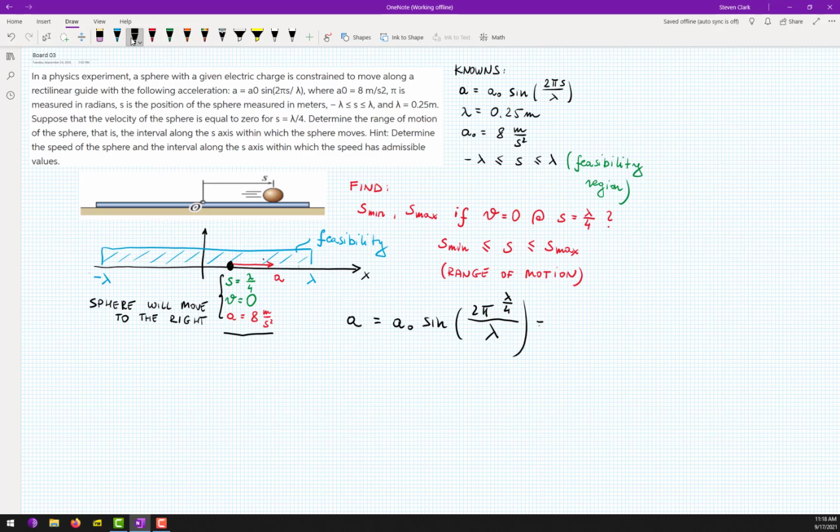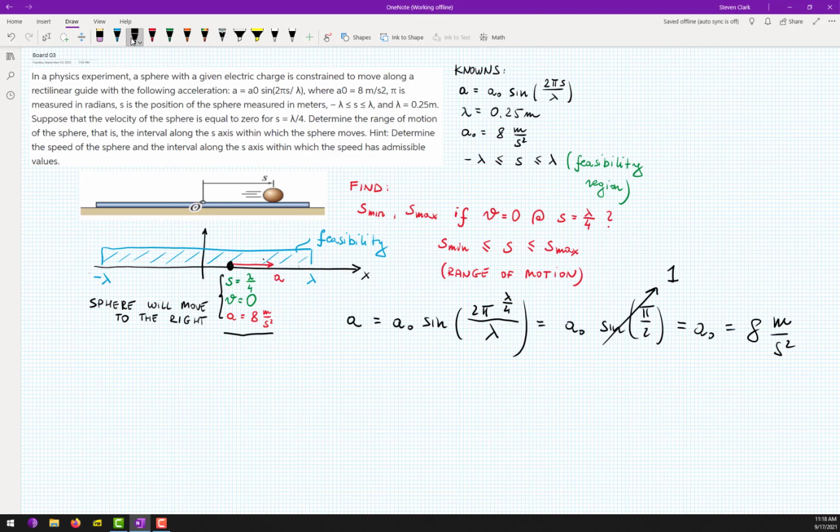So this will be A0 sine pi over 2, and this is 1. So this is A0, and they told us that A0 is 8 meters per second squared. So that's why A is 8.